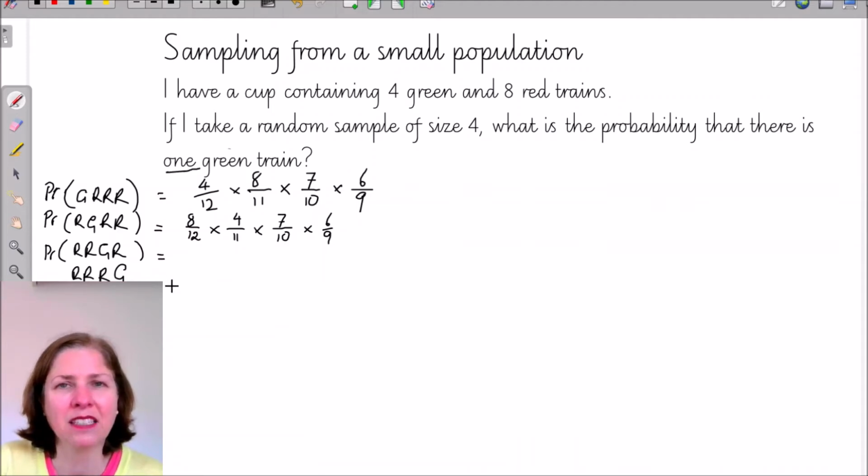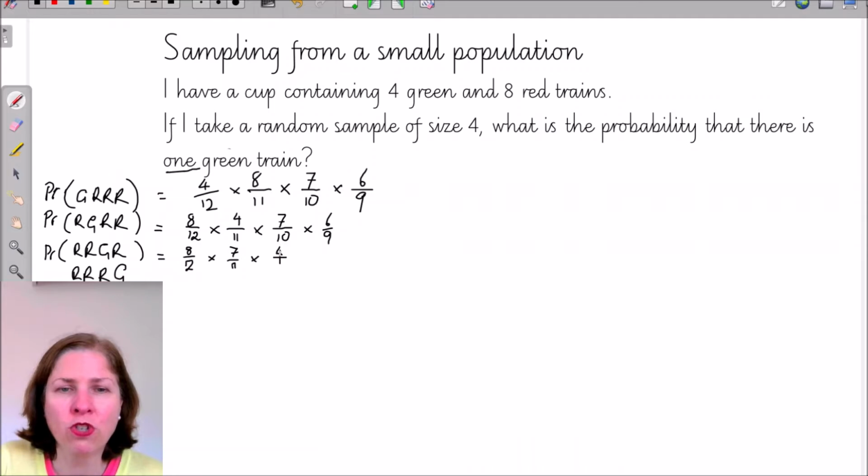Now let's have a look at red, red, green, red. Again, the first one I choose is 8/12. Now I'm going to choose another one. What's the probability that it's red, given that my first one was red? Well, there are 7 red left out of a total of 11 trains. The next one is green.